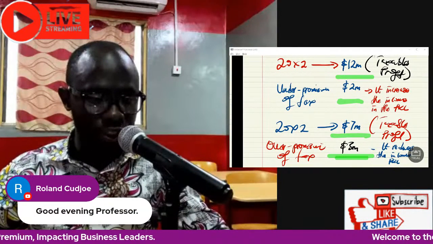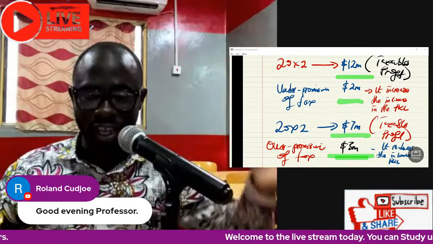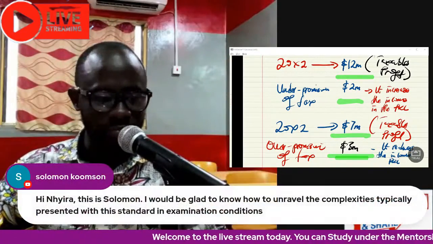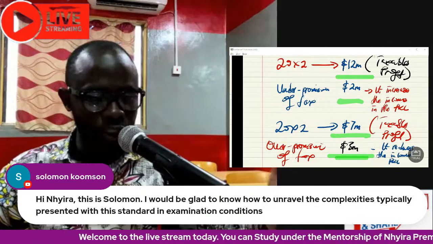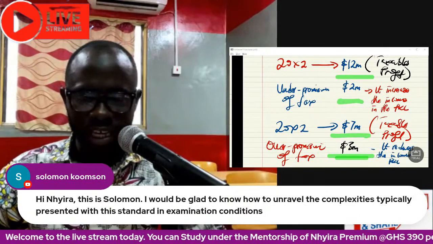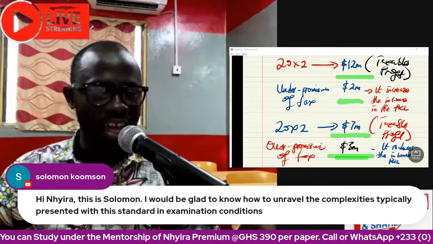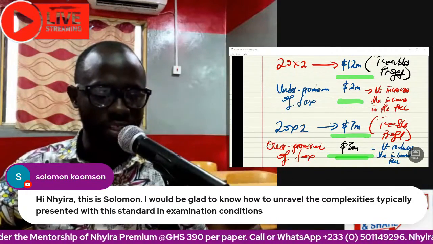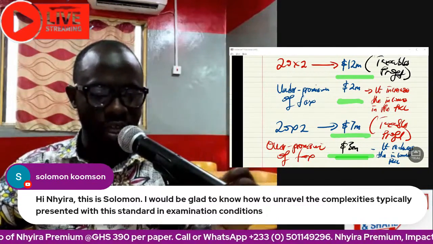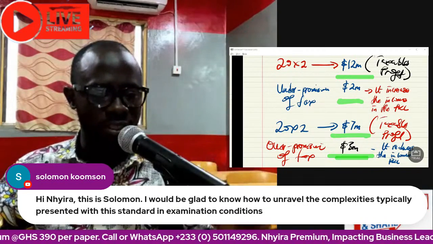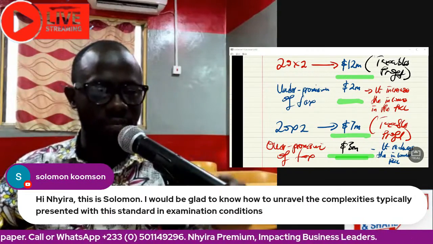Roland Kujo said, good evening, Professor. Good evening, Roland. But I'm not a professor yet, so please, I don't want to be in trouble. Solomon Kumsin, sorry, okay, Kumsin. Hi. This is Solomon. I'll be glad to know how to unravel the complexities typically presented with this standard in examination condition.